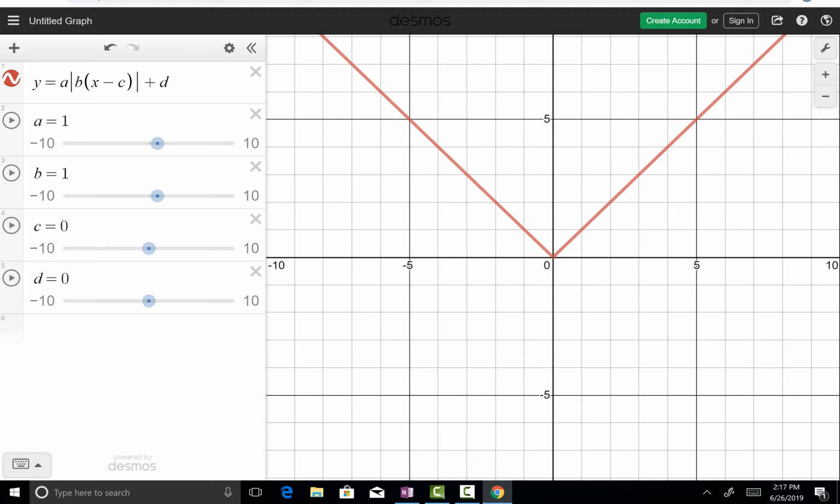Okay. And what you're going to do is investigate each one of these parameters, a, b, c, and d. I wouldn't do them all at the same time because it's going to be hard for you to see what's going on. But you can investigate them by just sliding that little ball back and forth, however you want to think of it. If you hit this on the side, you can play it and watch what it does.